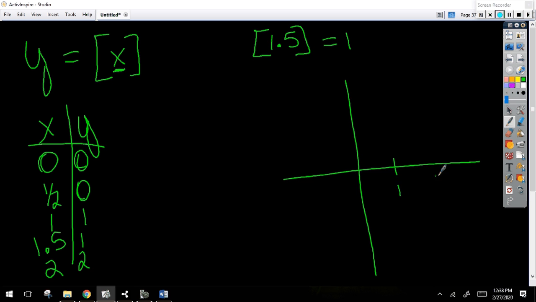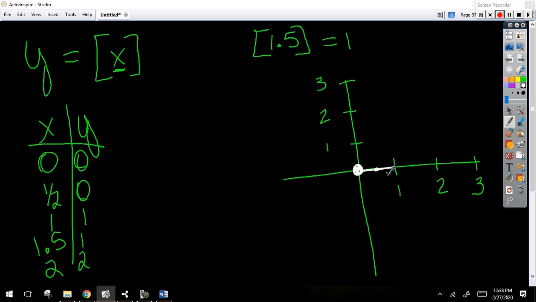Here's 1 and 2 and 3. Zero, 0 is a point, right? 1/2 0 is a point. And in fact, all of these values here would still be 0, right? 1/2, 3/4, 9/10.